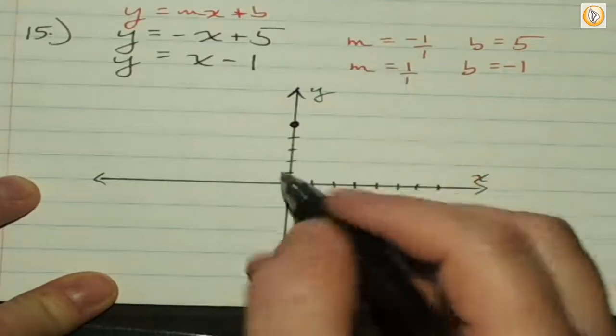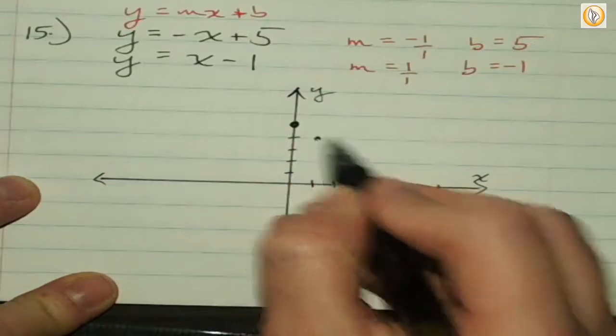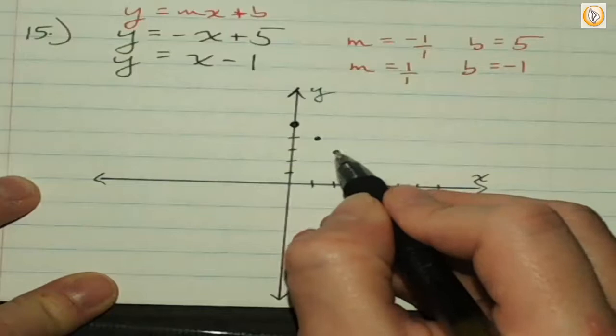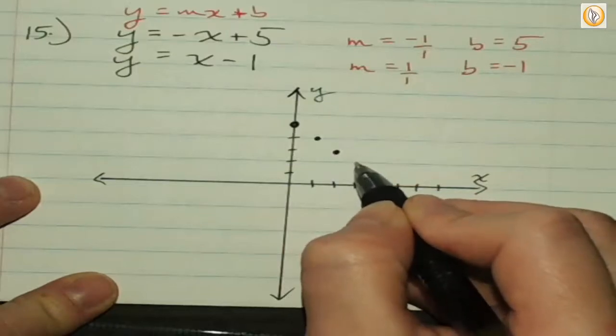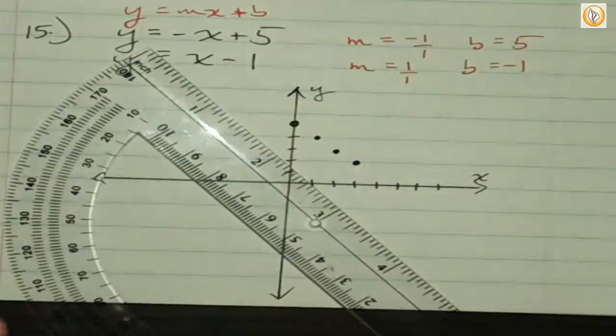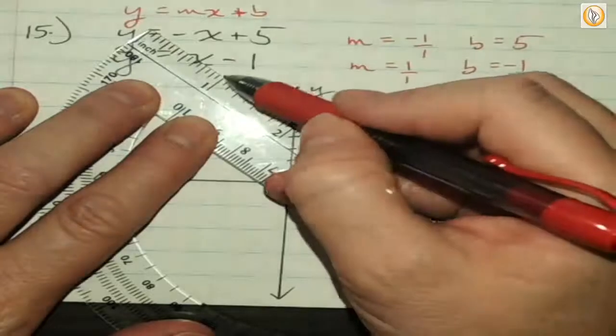Okay, so negative 1, and then 1 and 1, 1 and 1. Okay, so I got that one. And remember I said do as many points as possible.